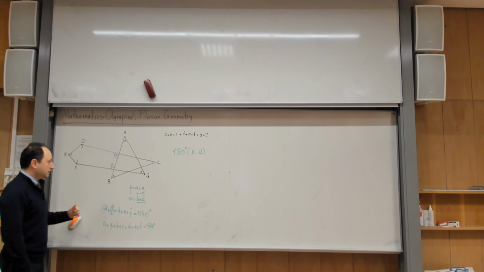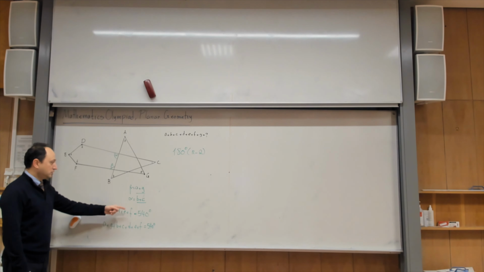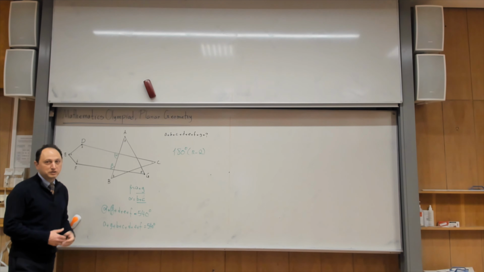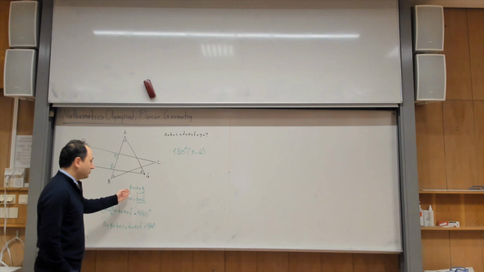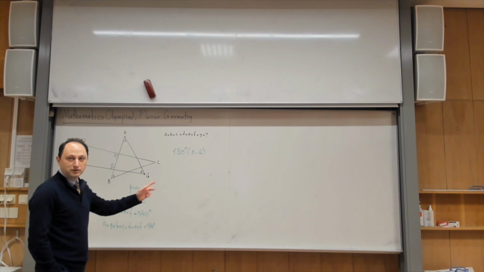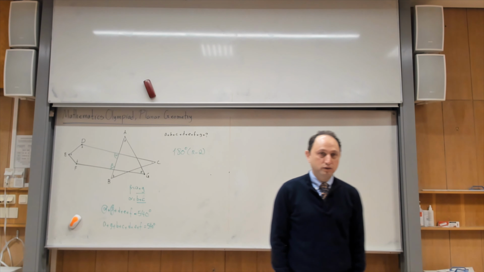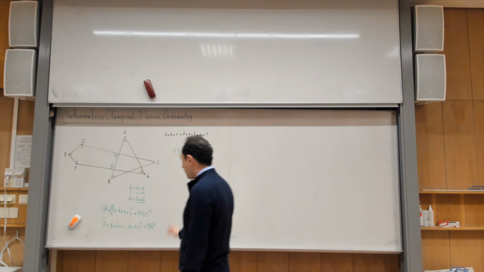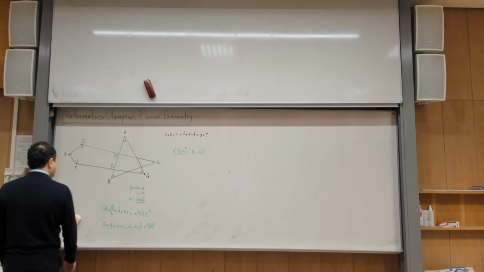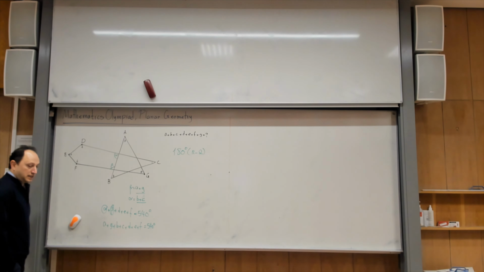And then this is also very good because we are actually using the fundamental theorems that we don't need to prove when it comes to the exam, because that an exterior angle is the sum of two opposite interior angles is something very famous, and we really don't need to prove it again in the exam. I appreciate both perspectives.